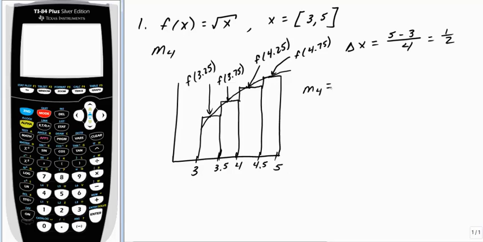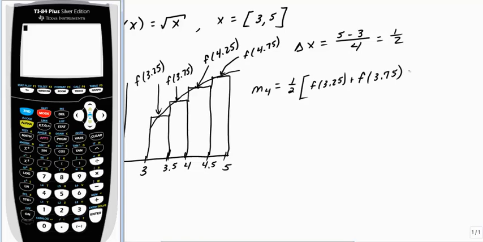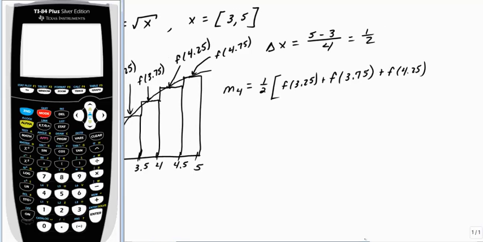Well, we already know all of these rectangles have a common width of 1/2. So I'll go ahead and factor out a 1/2, now times the summation of the heights. The first height is going to be f of 3.25, then plus f of 3.75, plus f of 4.25, and plus f of 4.75.